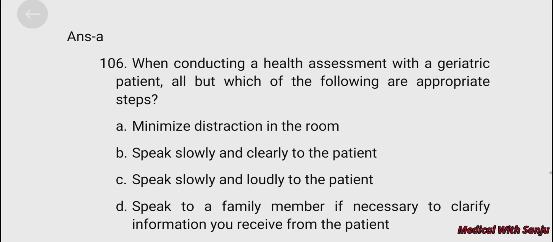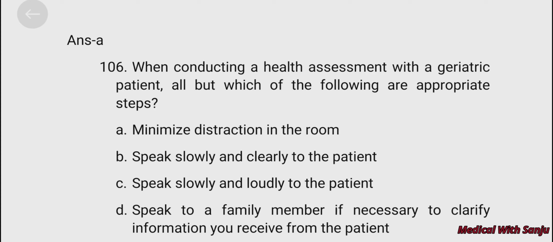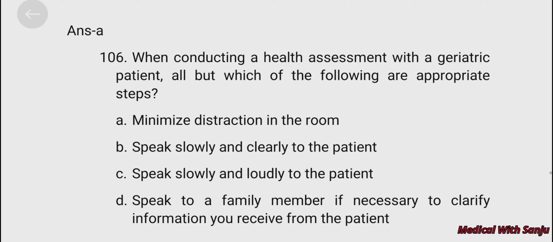Question 106. When conducting a health assessment with a geriatric patient, all but which of the following are appropriate steps? Option A, minimize distractions in the room. Option B, speak slowly but clearly to the patient. Option C, speak slowly and loudly to the patient. And option D, speak to a family member if necessary to clarify information you receive from the patient.